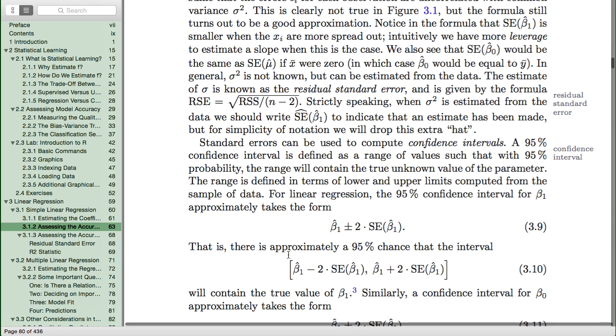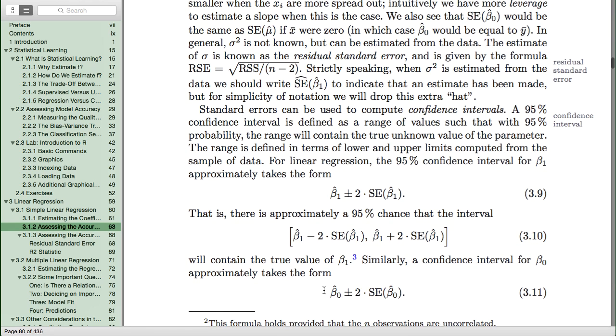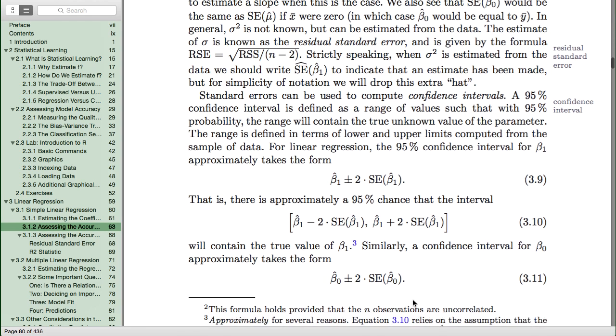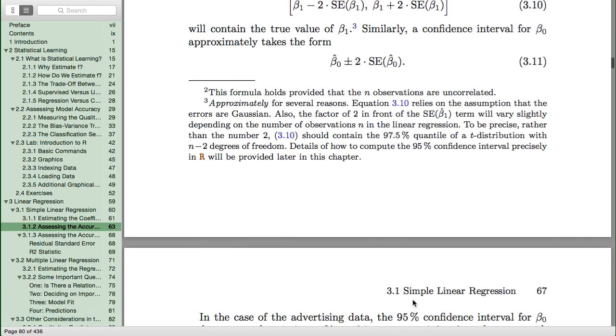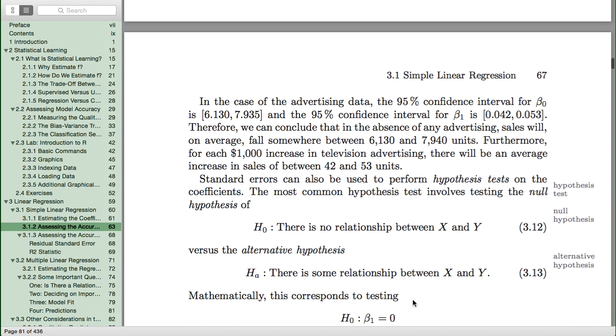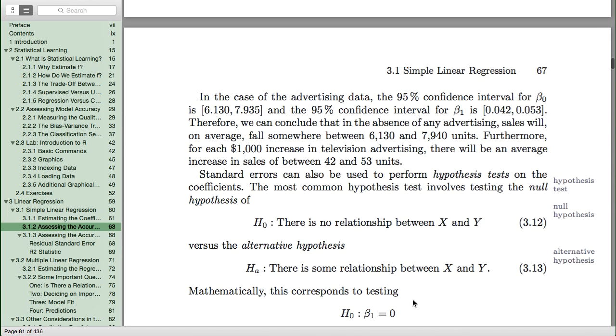But in any event, these are both notations for a 95% confidence interval, and the same thing is true for the y-intercept.